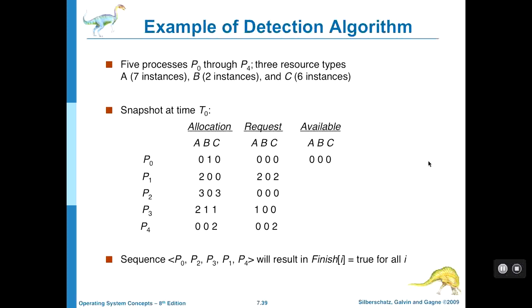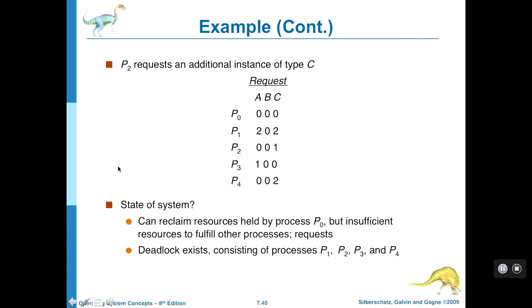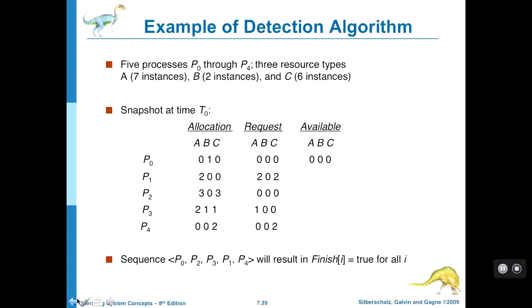Okay, so according to the algorithm, we're going to check the allocations that are 0, because if an allocation is set to 0, we can set its finish entry to true, but there are none, so they are all false.